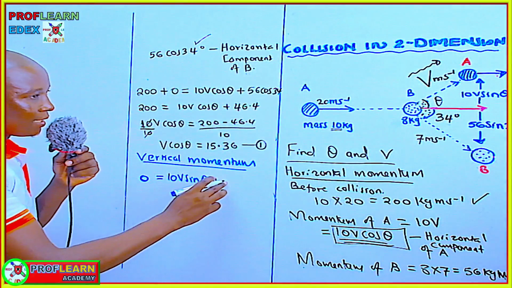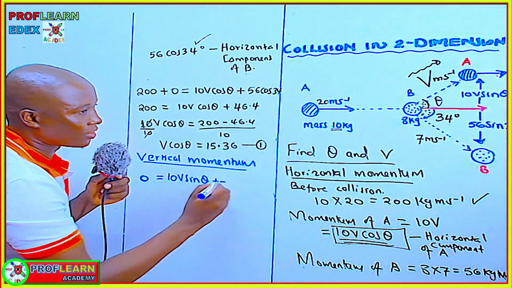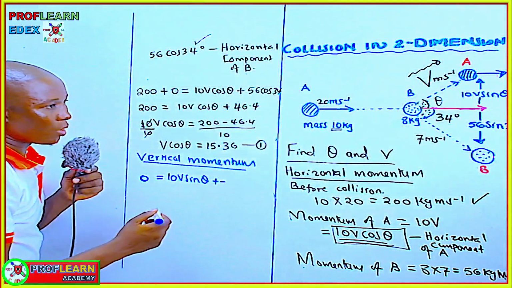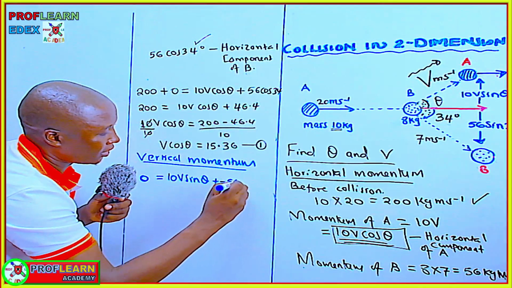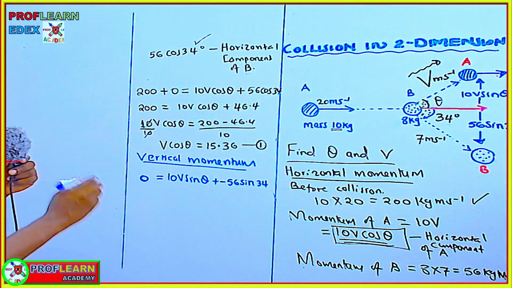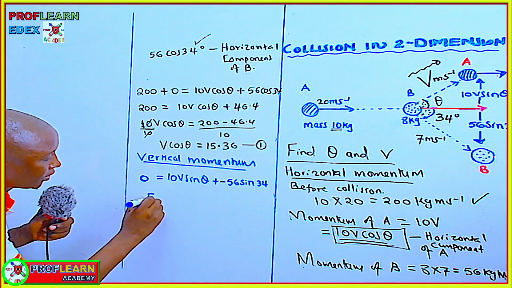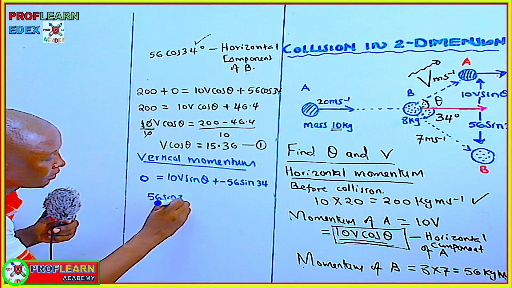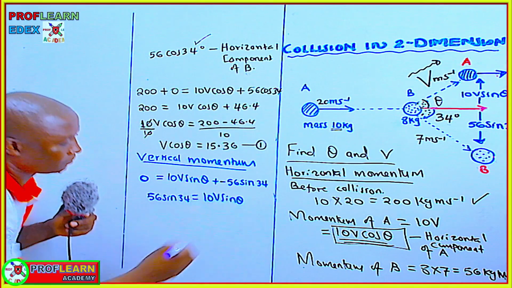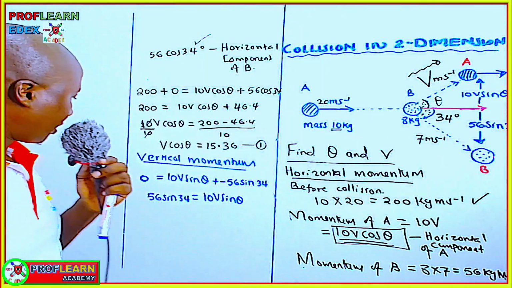But now when we are adding, this momentum is up, this one is down, so we put a negative sign for this one because it's acting in the downward direction. So it's going to be 56 sine 34. Which means from this particular equation, we have 56 sine 34 equivalent to 10v sine theta. We can simplify this equation.